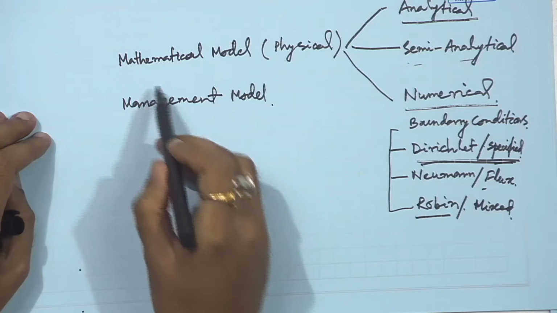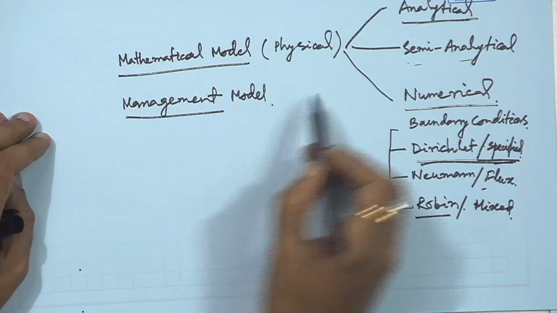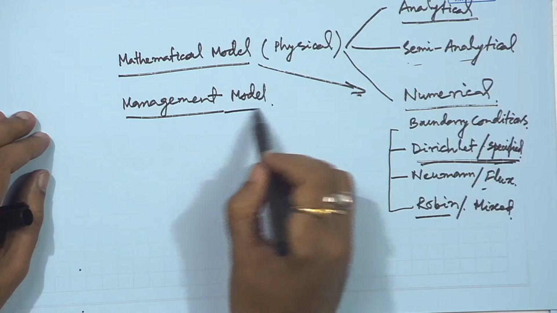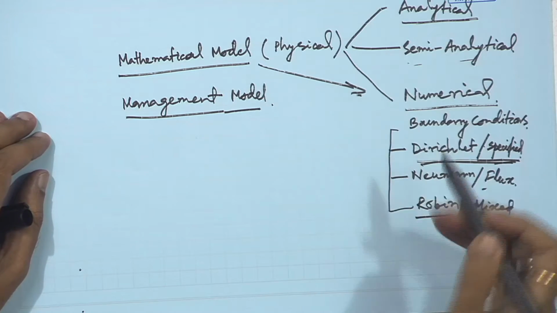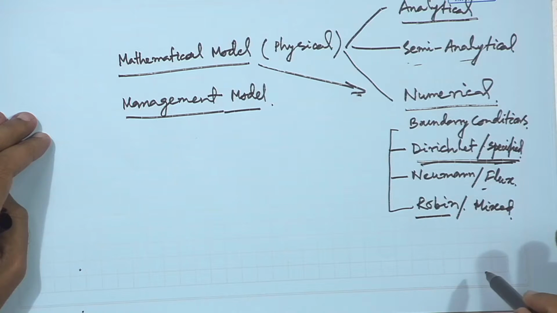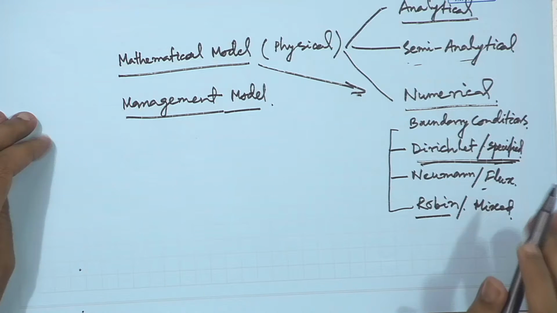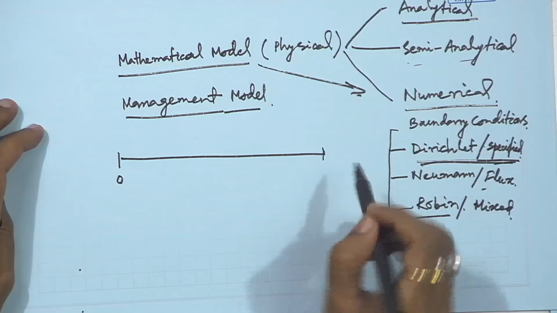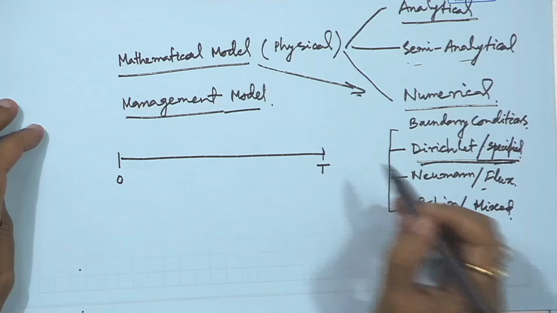Now, to solve this mathematical model using the numerical approach, or by using the analytical or semi analytical approach, we need to consider the time domain. We have not talked about this time domain. Let us say this is the starting point and this is the end point.